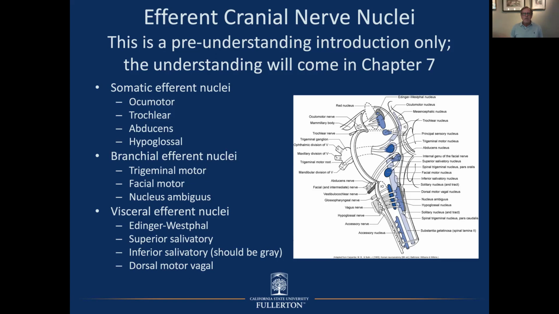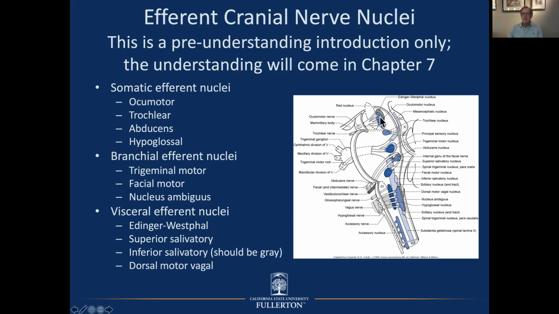So we're going to talk about nuclei a lot, and there are 4 of them in the brainstem that are somatic efferent, and I'm going to point them out, and then I'm simply going to point out that they're aligned. That's all. Right now we're looking at these nuclei in one way, and then we'll come back and look in a lot more detail, some more than others, because the ones that are most relevant to speech we'll look at the most, of course.